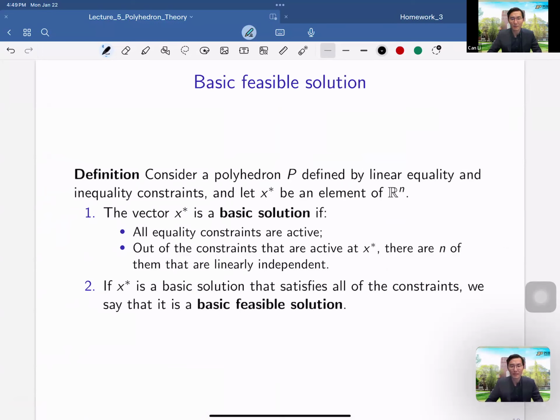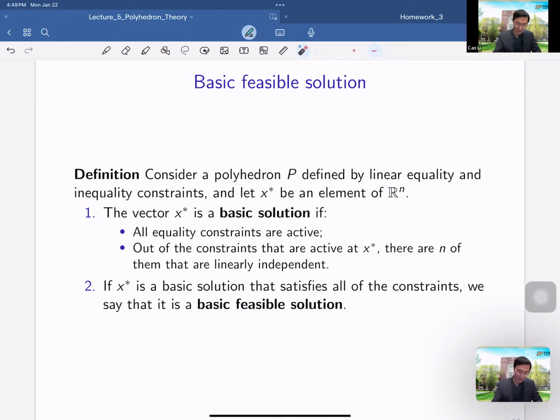So now with this motivation, we can define something called a basic solution and a basic feasible solution. Okay, we say x star is a basic solution if the following holds. Of course, we need to satisfy all the equality constraints, in case Ax greater than or equal to b has some implicit equality constraints.